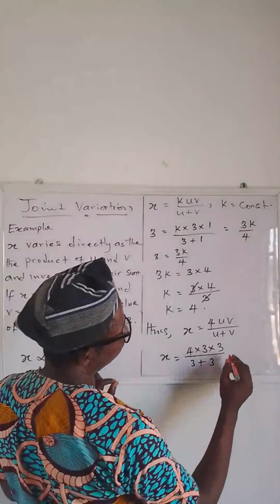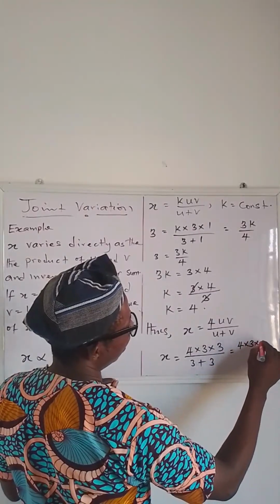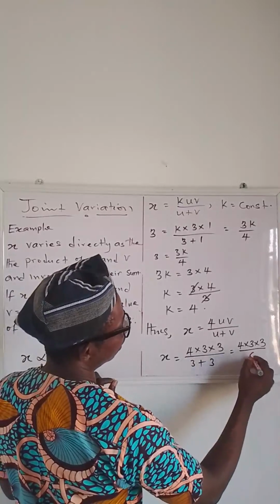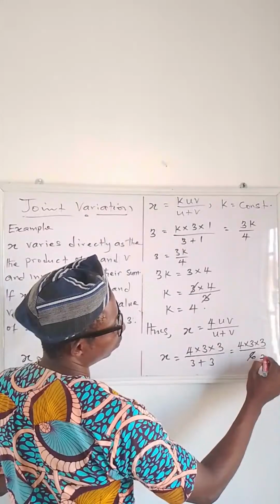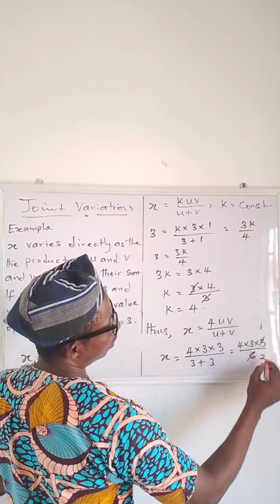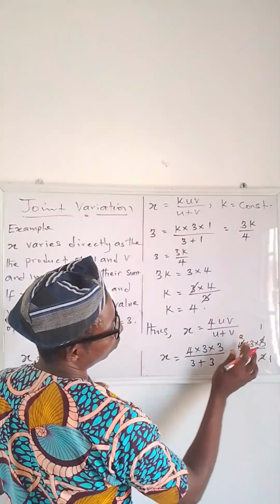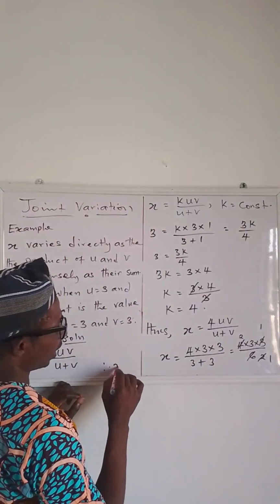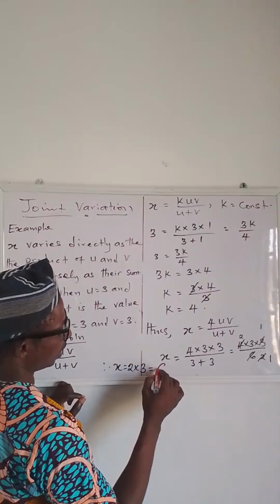I'm going to write 4 times 3 times 3 over, now when you add this and this together, you have 6. So 3 goes here, 2, 3 goes here, 1, 2 goes here, 1, 2 goes here, 2. So we are left with 2 and 3. Therefore, X equals to 2 times 3, and that is 6.